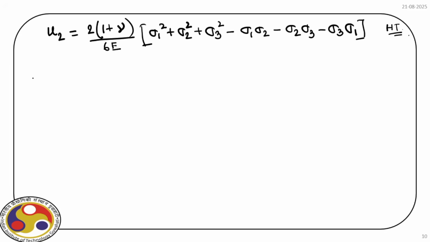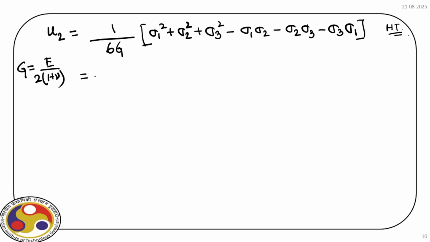Not only that, if you recall, G we derived in the previous lecture is E by 2 times 1 plus nu, right? So effectively what we have here is we can replace this expression, and then what we have is 1 by 6G. Okay. Then further simplification is still possible.